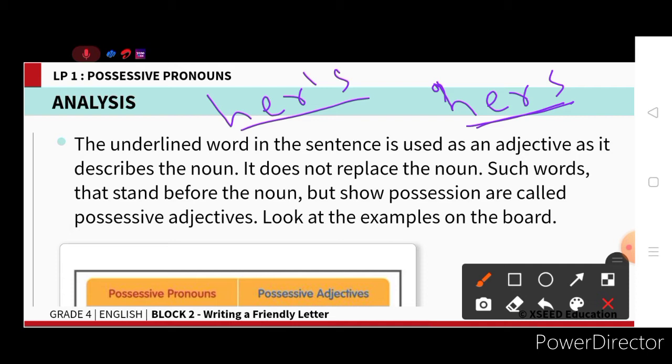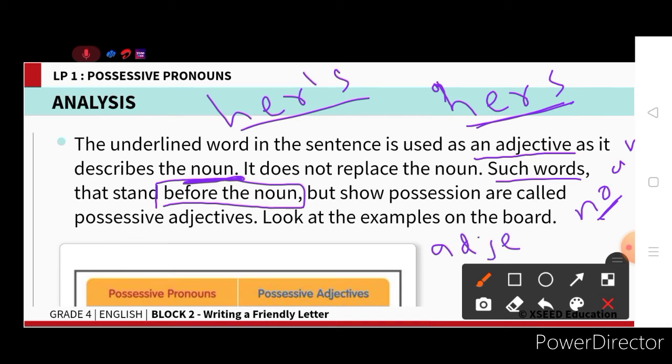Now listen carefully. The underlined word in the sentence is used as an adjective as it describes the noun. What is the noun in that sentence? The dog is the noun. Words that stand before the noun, keep this point in your mind, are called adjectives.